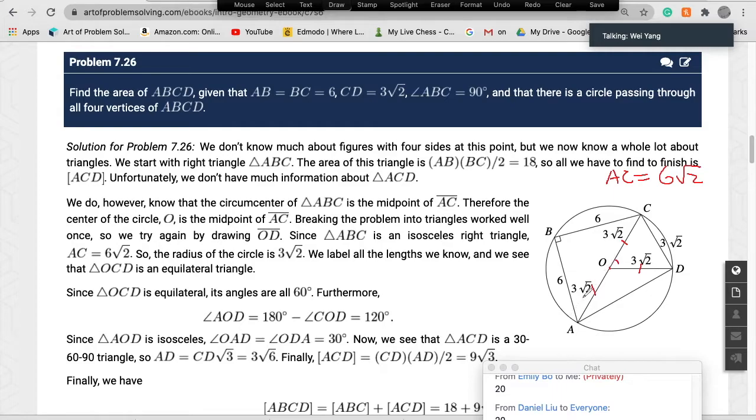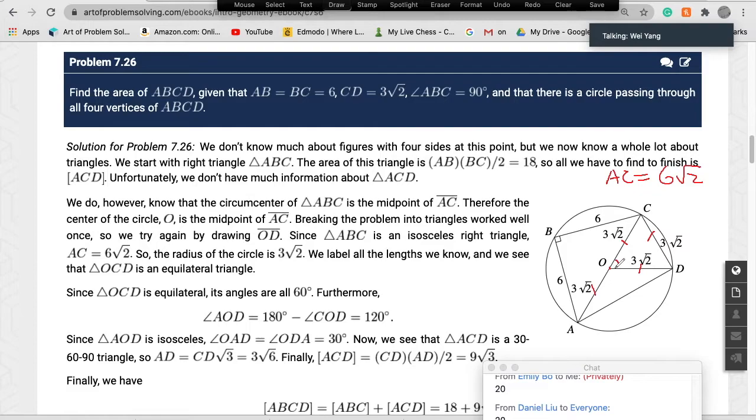And OA also will be 3 root 2. And they also equal CD. They give you CD equals 3 root 2. So that means these 3 sides are equal. That means this OCD is an equilateral triangle, right?